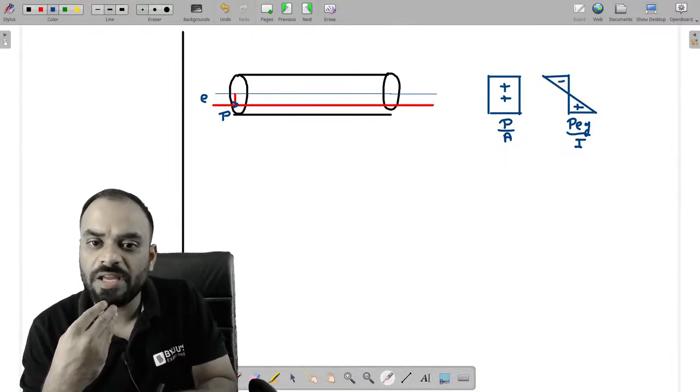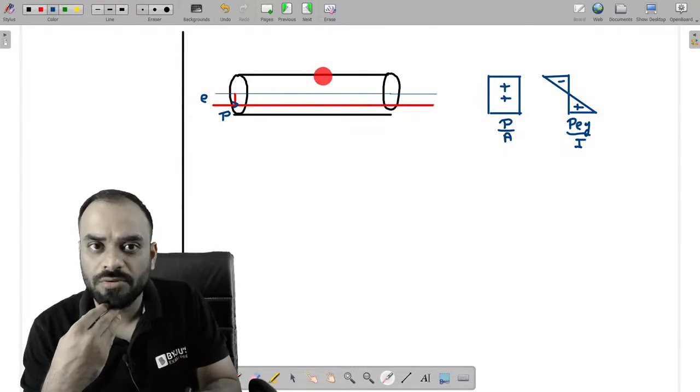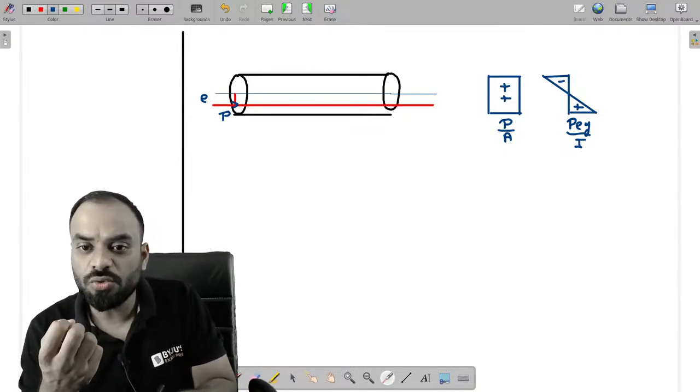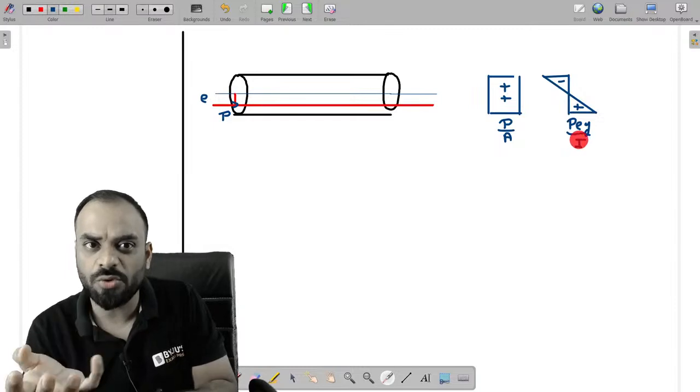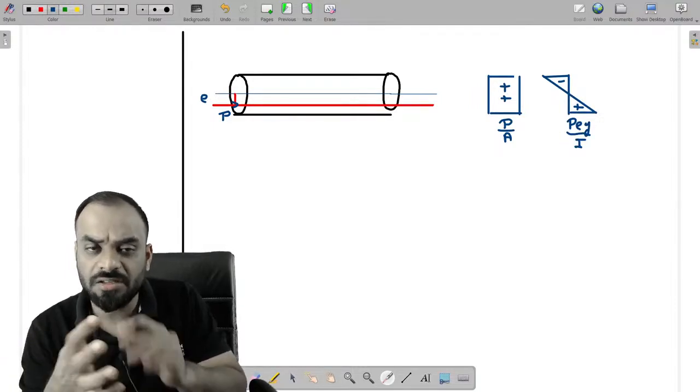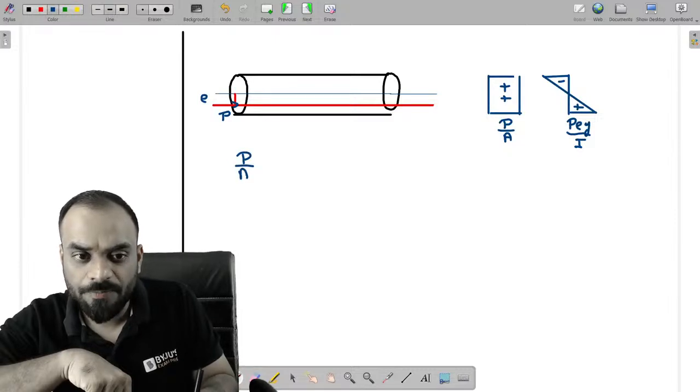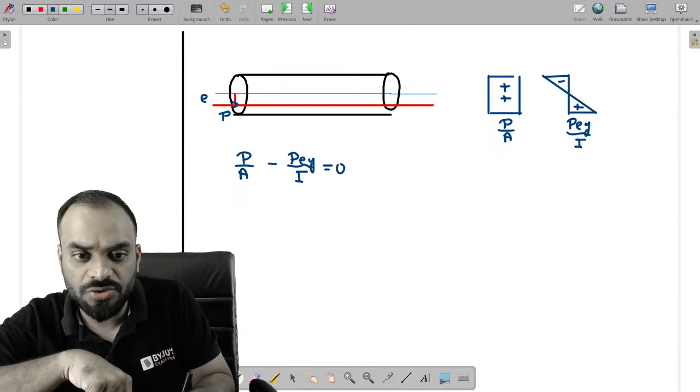So if you want to make zero stress at the top, or there should not be any kind of tension, then what you need to do? You need to add these two values, P by A minus PEY by I, right? According to algebraic sum, you have to make it zero. So P by A minus PEY by I should be equal to 0.